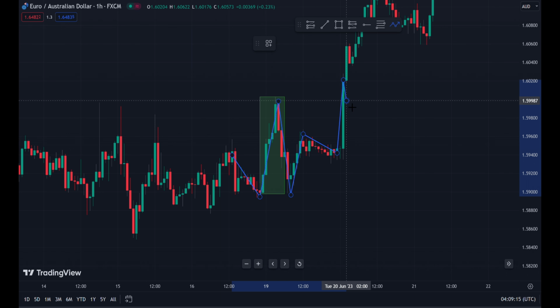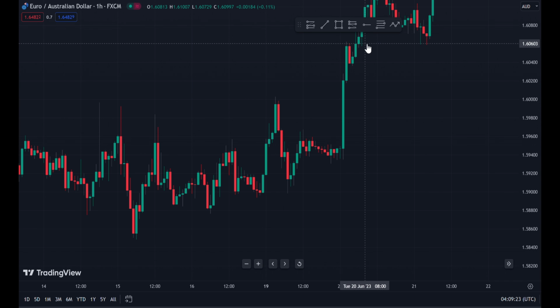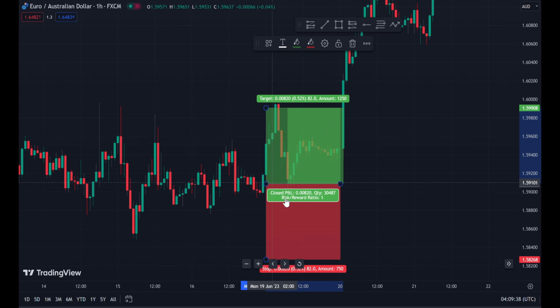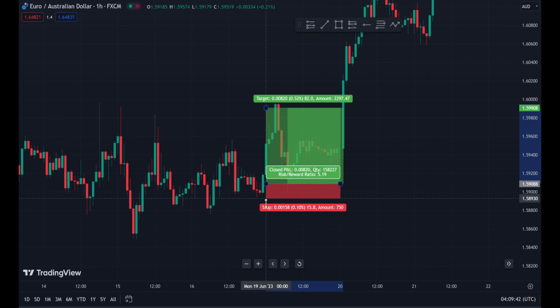So to make this simpler, we want to put this long position, bring it here. This is going to be our entry point, and just down the zone. Stop loss is always here down below, then TP.